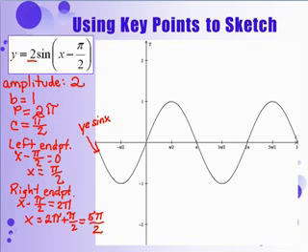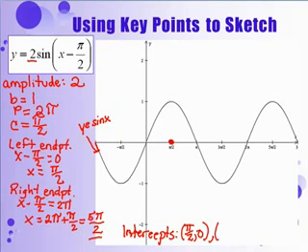So our intercepts: we've got our left endpoint of pi halves. So let's go ahead and put a dot there. So that is pi halves, 0.